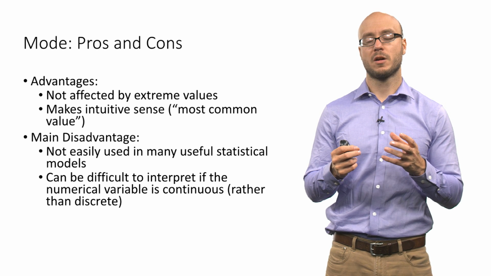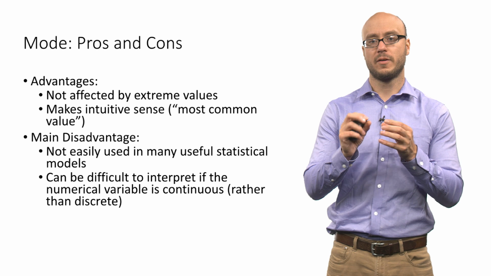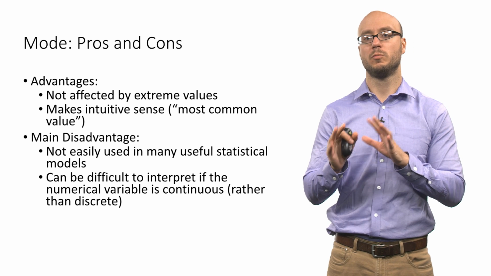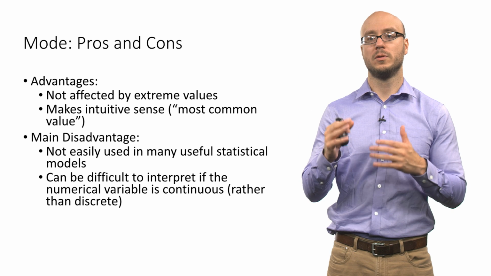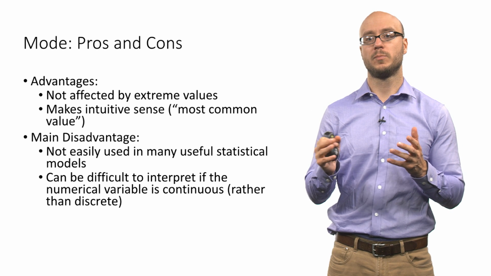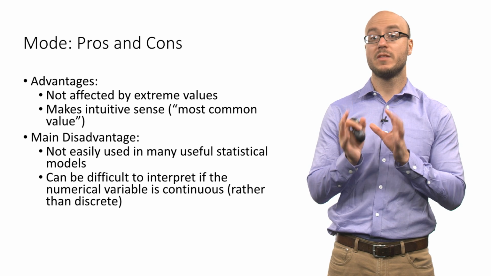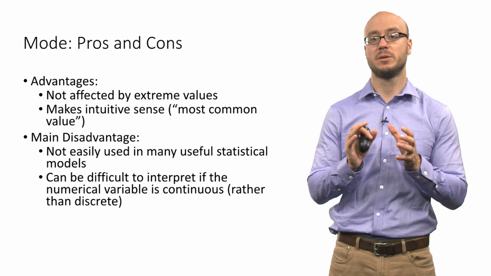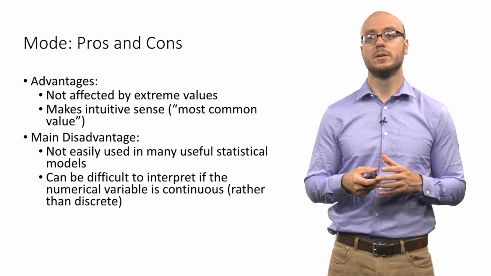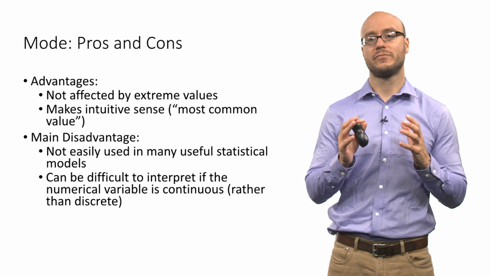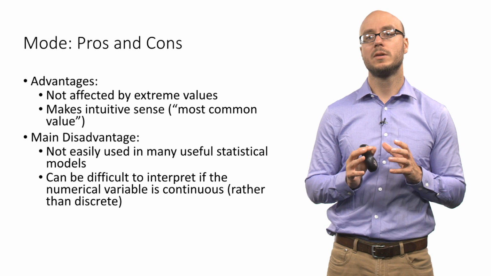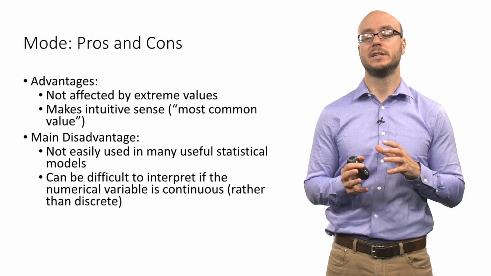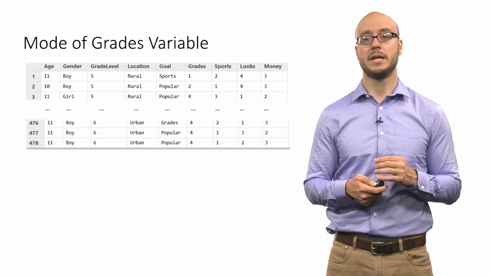But if you have a numerical variable with very minute differences, like 1.1, 1.2, 1.3, all the way up to 1,000.1, the mode might be meaningless, and it might be difficult to differentiate between many different modes. So in general, I would say that the mode is useful, but you don't see it as commonly as you do the mean or the median.